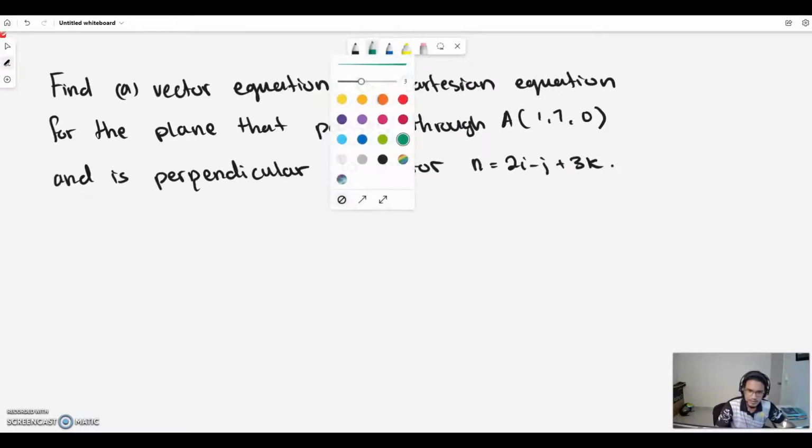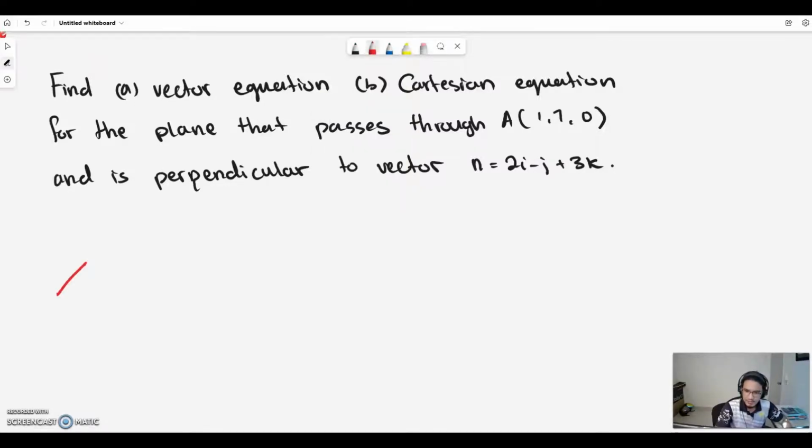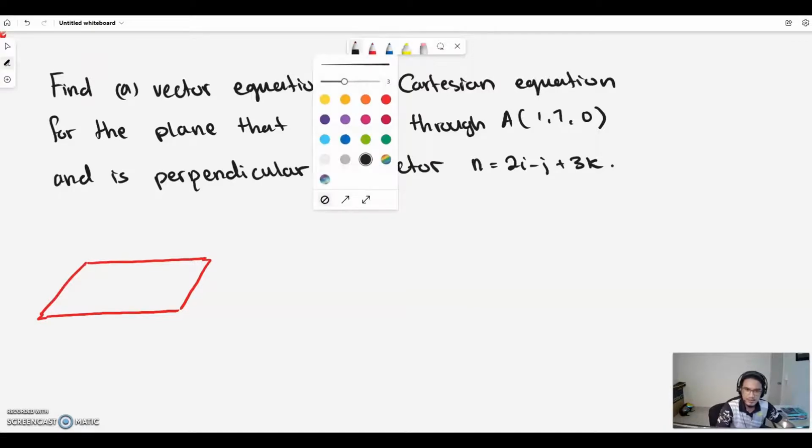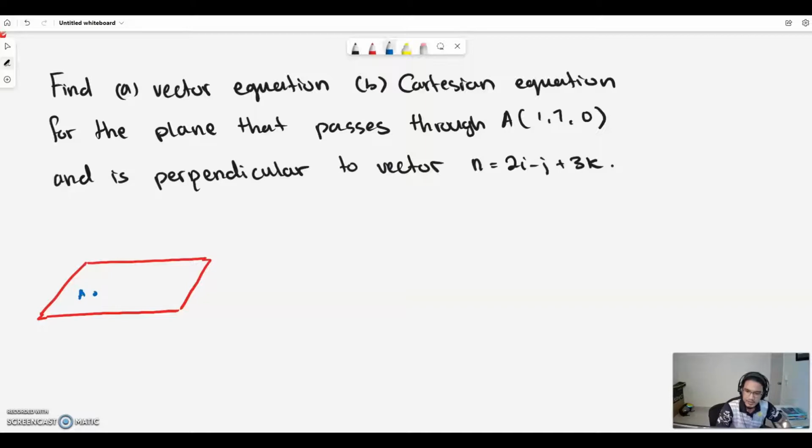So now, first we draw the diagram of the plane. Let's say this is the plane, and the plane passes through point A. So here is the point A, and it also has a vector N that is perpendicular to it.